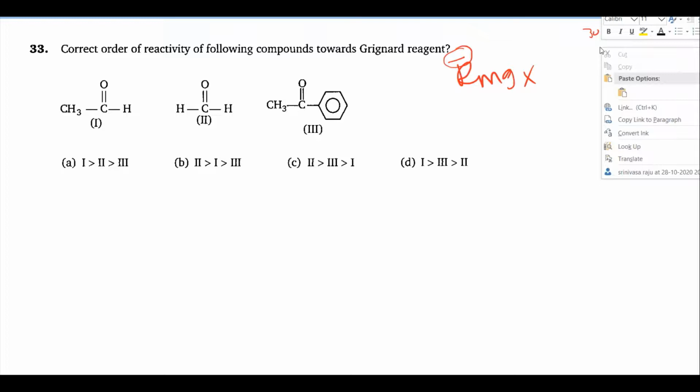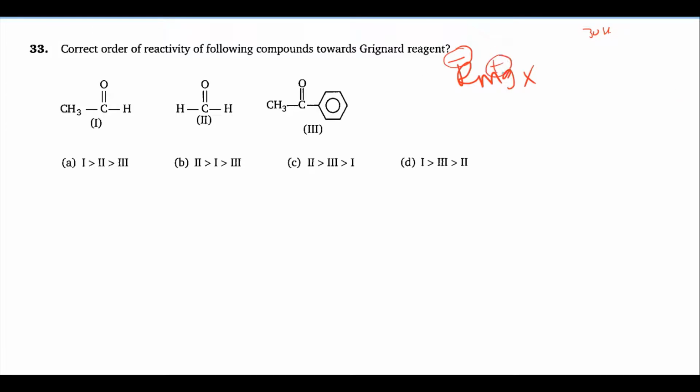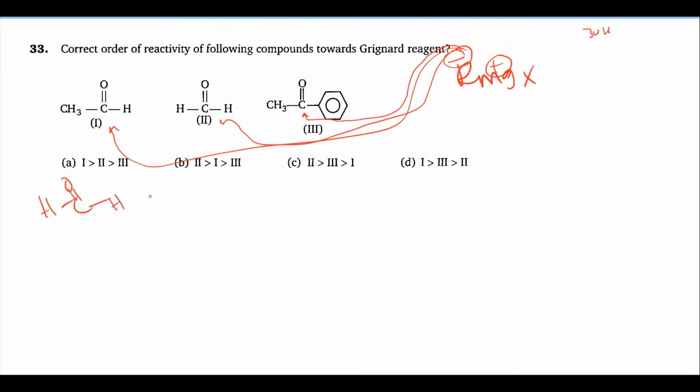Now coming to the point, Grignard reagent means RMgX, R minus MgX plus. So as usual, what will happen? This is the R minus where nucleophilic addition takes place easily. Very easy point. Formaldehyde is more reactive than acetaldehyde, which is more reactive than benzaldehyde.